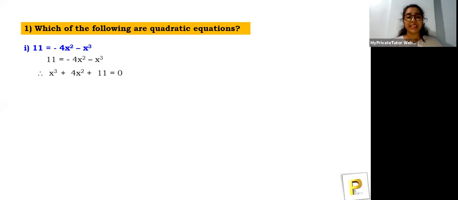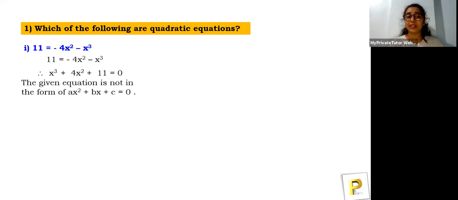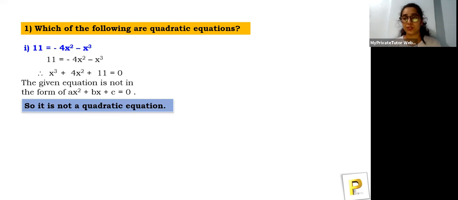And you see that the highest power is 3. Since we need the highest power to be 2 and the form ax squared plus bx plus c is equal to 0, this is not a quadratic equation. Okay, so let's try the second one. It is y minus 2 times y plus 2 is equal to 0.